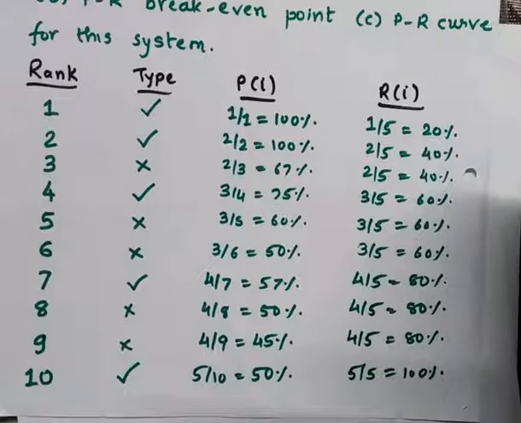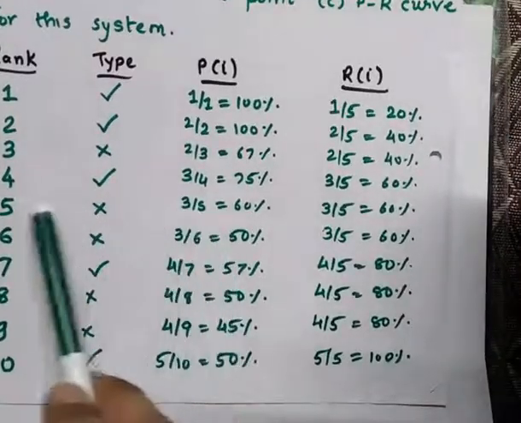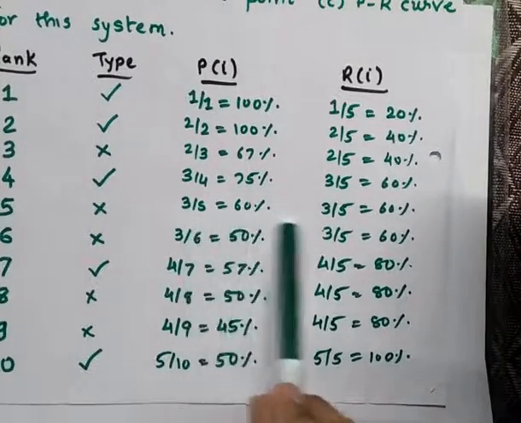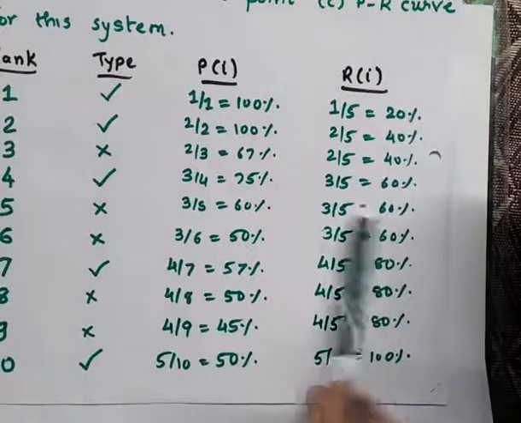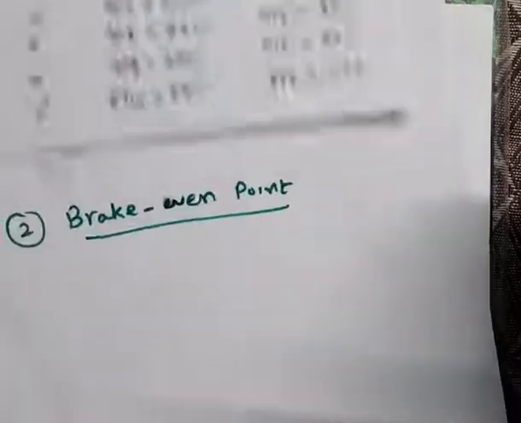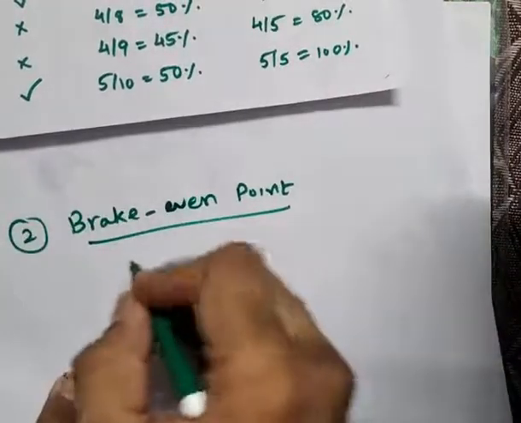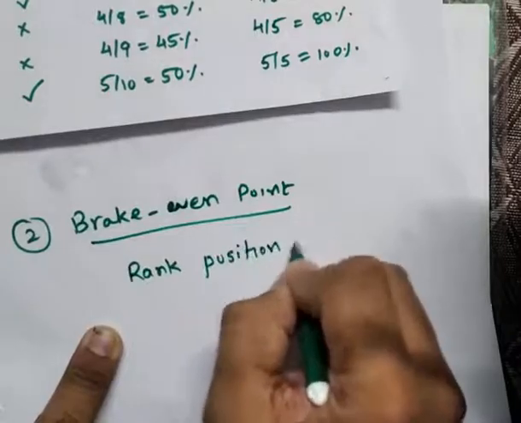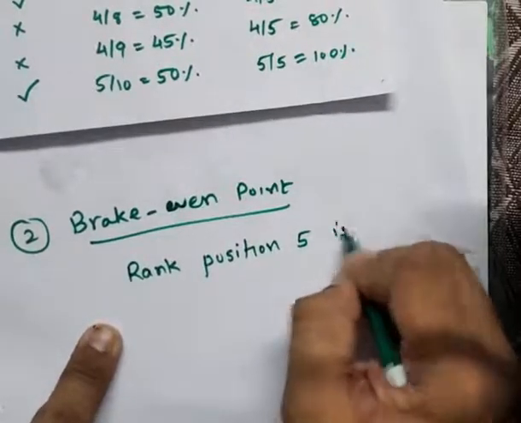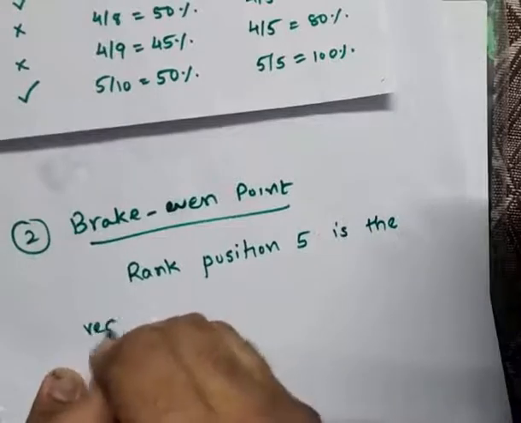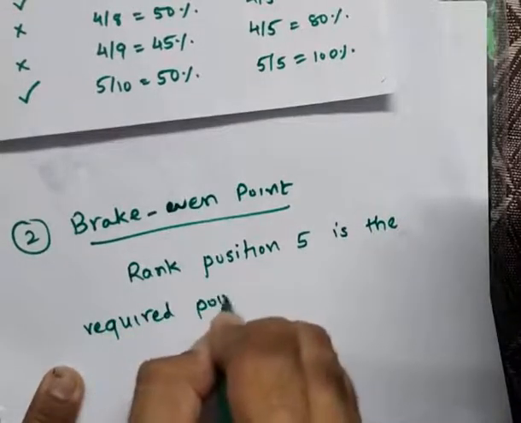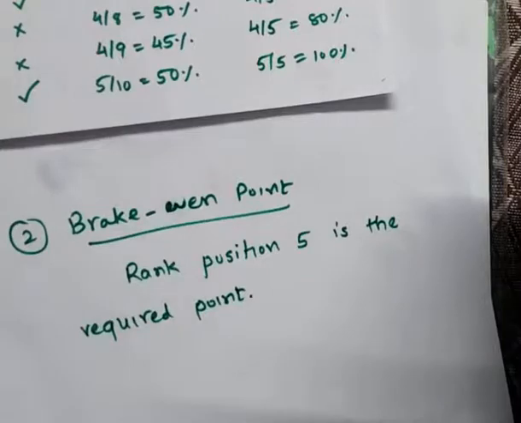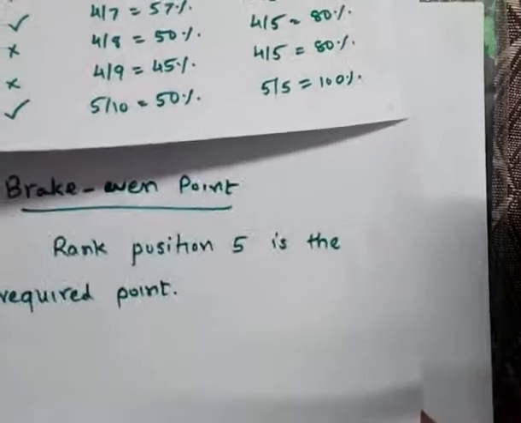Okay, so the rank position at which precision and recall values are equal. So you can see here that at rank position 5 both precision and recall values are 60%. Okay, so we can say that rank position 5 is the break even point. So that is our second measure.